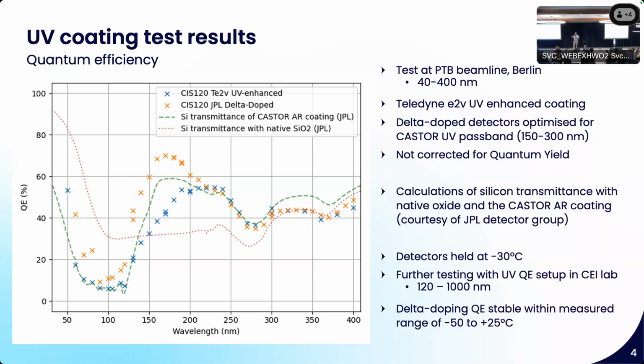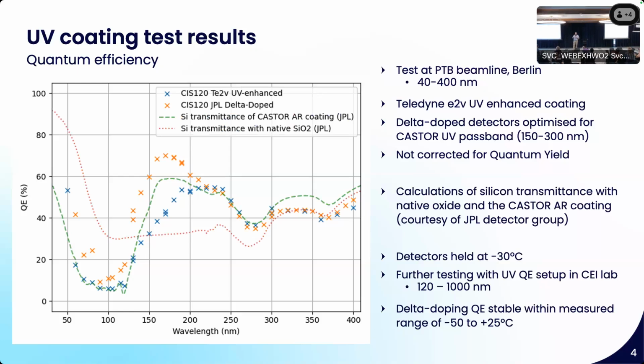JPL provided me some calculations of transmission. So the green curve here shows the calculation of the silicon transmittance of this Castor coating. And as you can see, this curve is slightly lower below 220 nanometers, and this can be attributed to quantum yield.